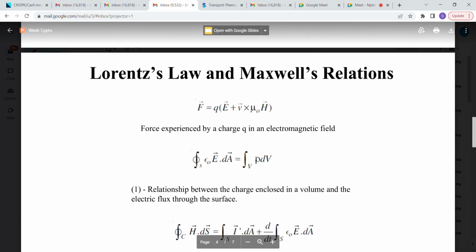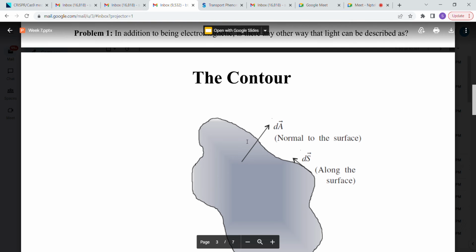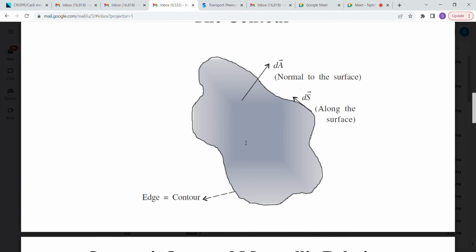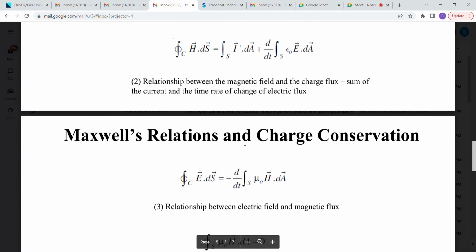As we saw here, the surface vector is along the contour of the object, and the area vector is normal to the surface.